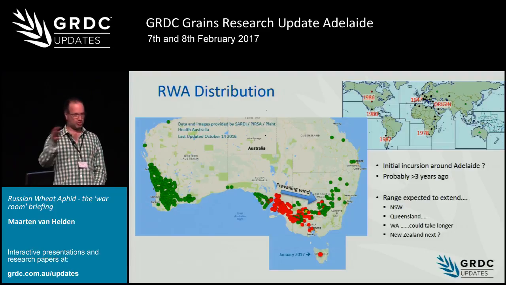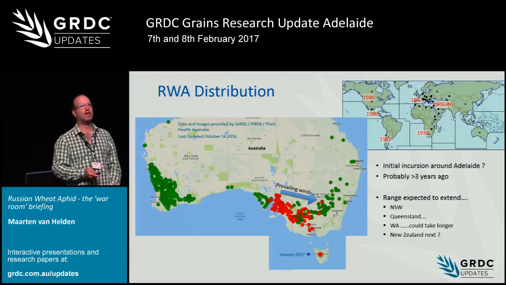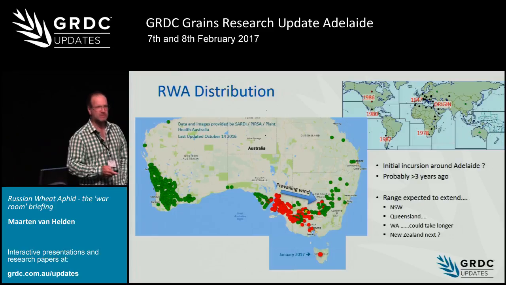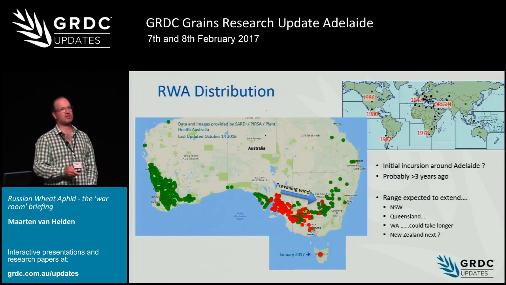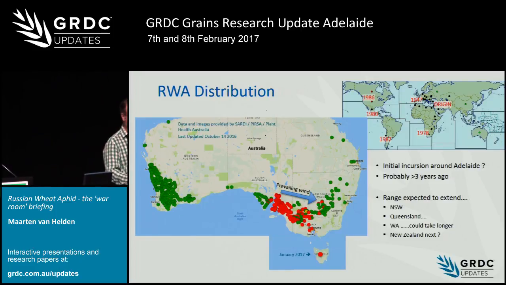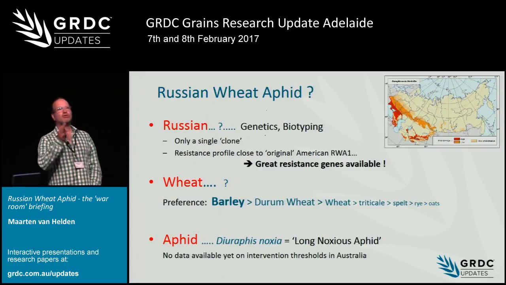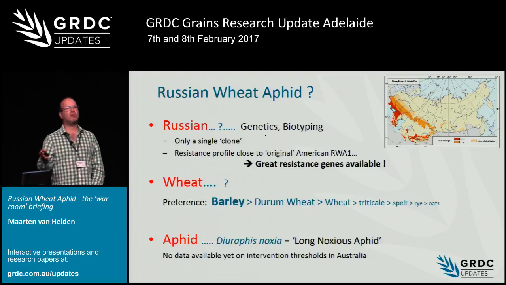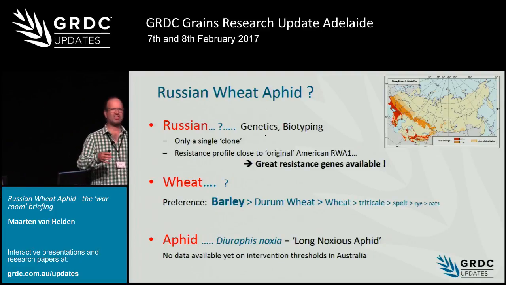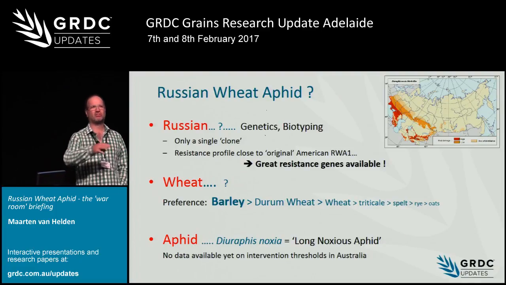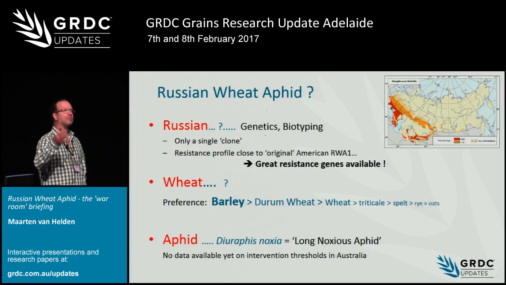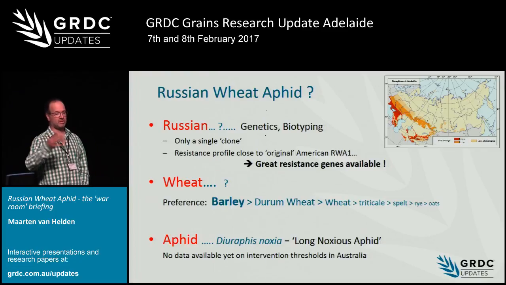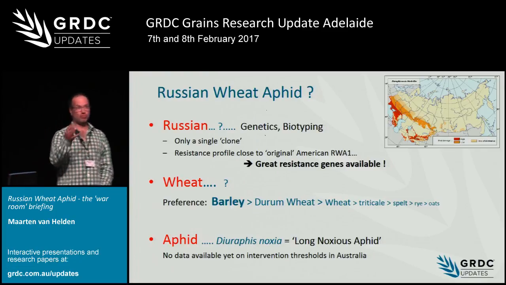Not sure where, not sure when, and they've been spreading probably already for a couple of years, because an outbreak of this size cannot just happen in 1 year. It's called the Russian wheat aphid, which is quite funny because actually it's not from Russia. It came originally from the Caucasus, and it was described in Russia as a pest on cereals for the first time. We don't know where it came from here.